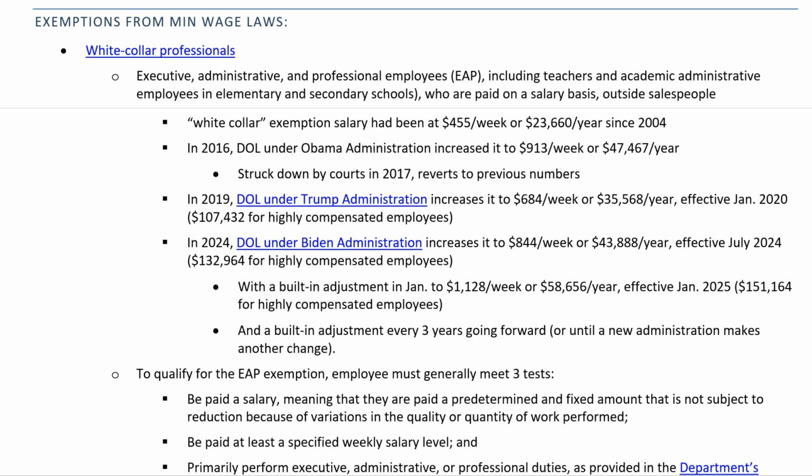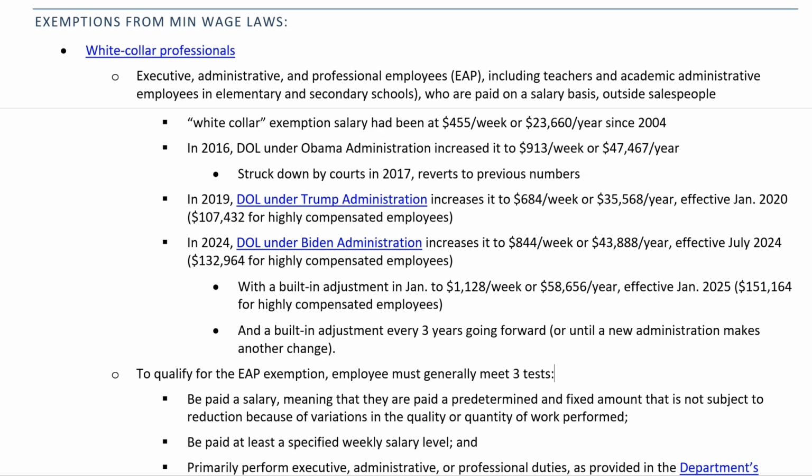But as it stands, if you're a salaried employee and you're involved in executive, administrative, or some type of professional work, and you get paid at least this amount of money, right now it's $43,888 a year, then you're exempt from minimum wage.